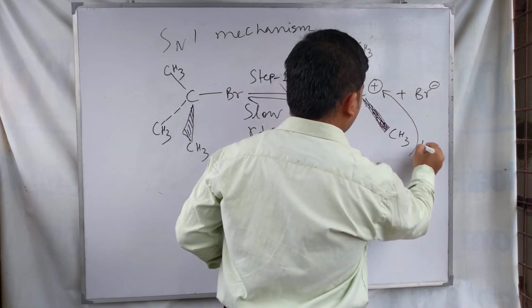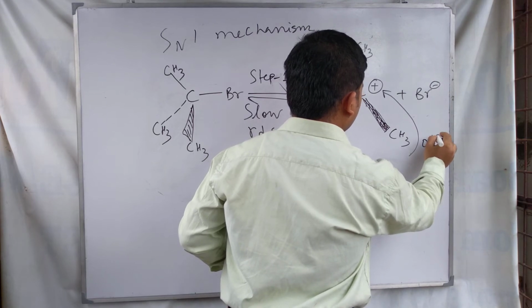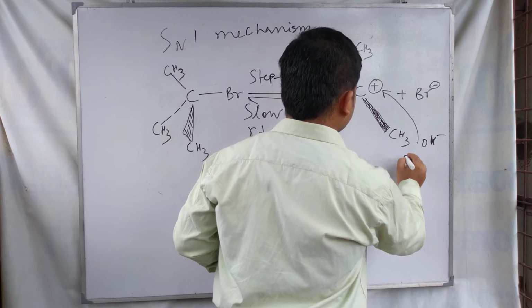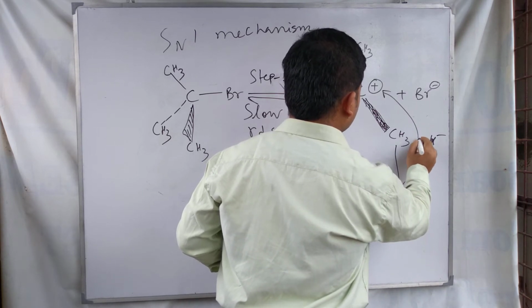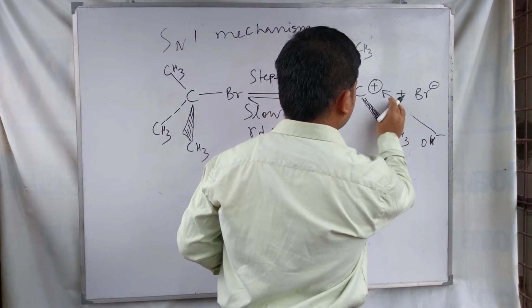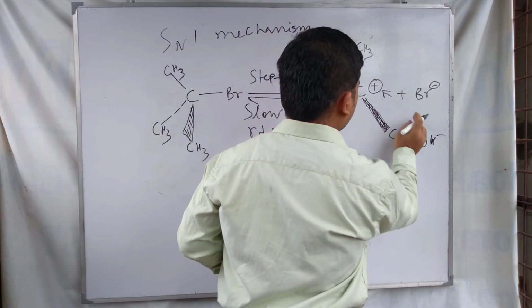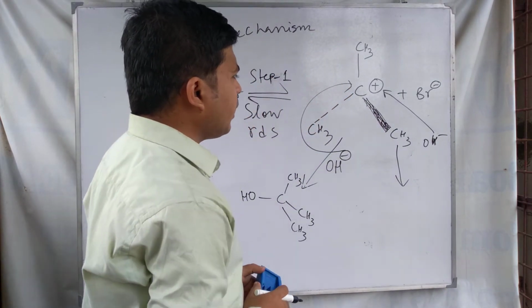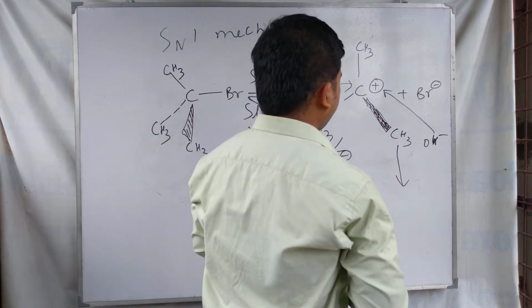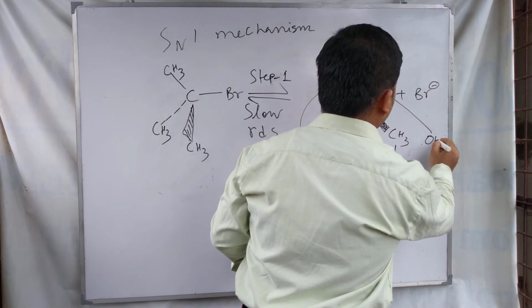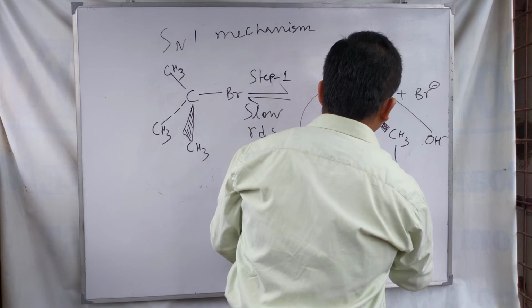When OH minus attacks from the back side and front side, both attacks are possible for the nucleophile.